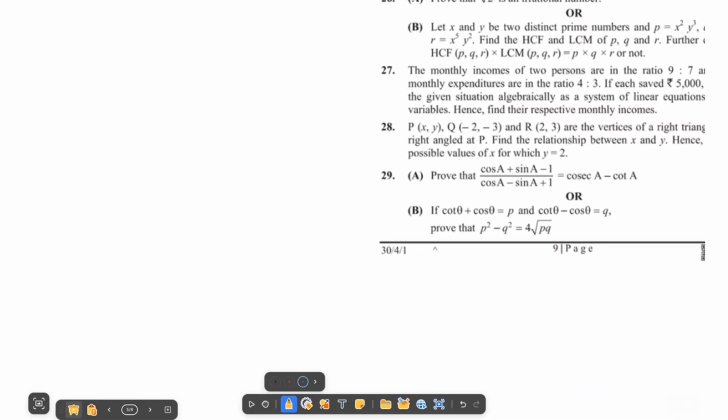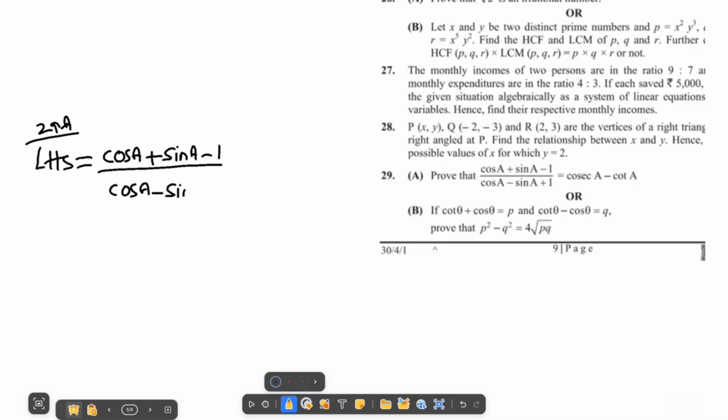So the 29th question, right? First of all, let's take LHS. So what is LHS here? (Cos A plus sin A minus 1) whole by (cos A minus sin A plus 1).